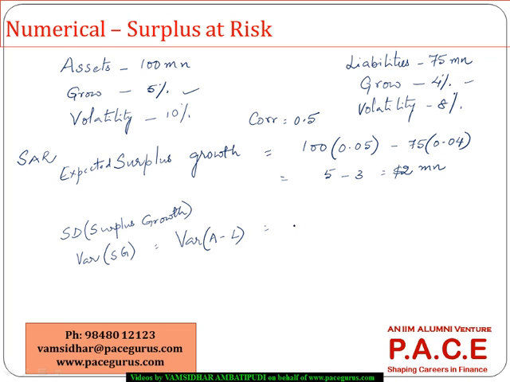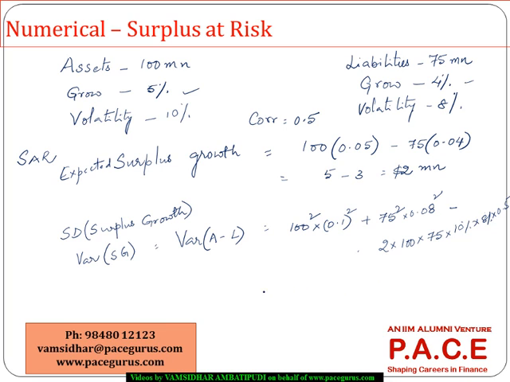So I am using the formula: W1 squared sigma 1 squared plus W2 squared sigma 2 squared, plus, because I want A minus L, minus 2 into the amount of the first one, into the amount of the second one, into the standard deviation of the first one, into the standard deviation of the second one, into the correlation between them.